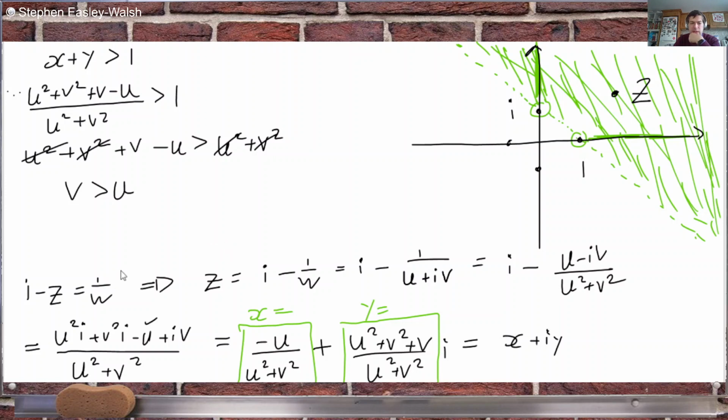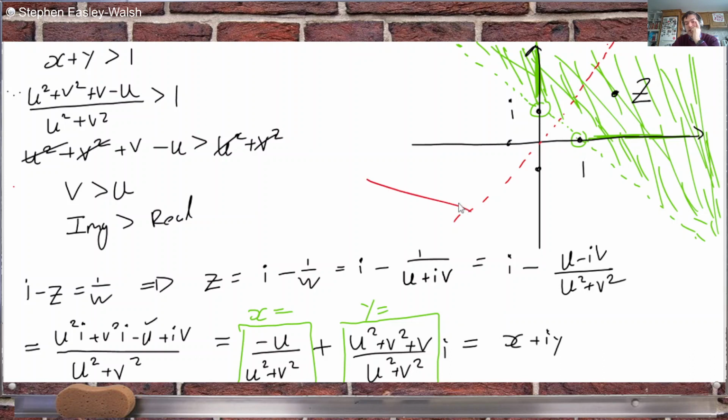Okay, and just remember that u is the real one. So the imaginary component needs to be more than the real component. So if I put that in red, okay, so that would be like a 45-degree line where the imaginary is more than the real.